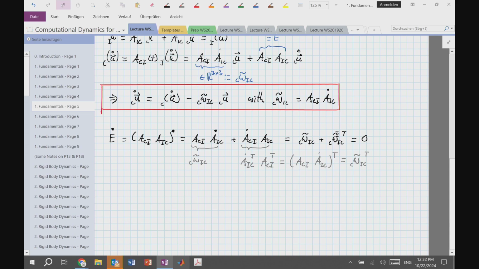So this is a skew symmetric matrix. So it's equal to minus its transpose.